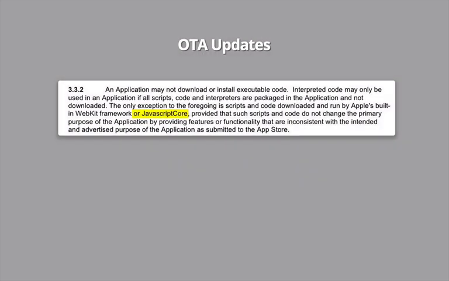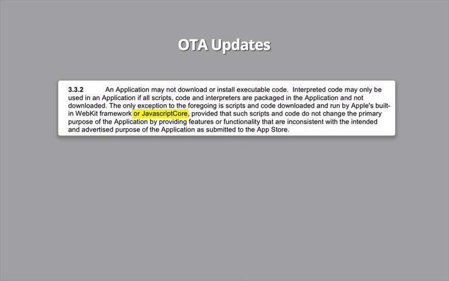So yeah, the over-the-air updates. This is actually directly from the terms of use for the Apple Store. As you can see, they recently added this in there. Before it was: an application may not download or install executable code. Interpreted code may only be used in an application if all scripts, code, and interpreters are packaged in the application, not downloaded.